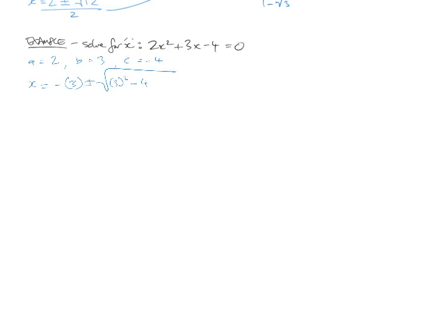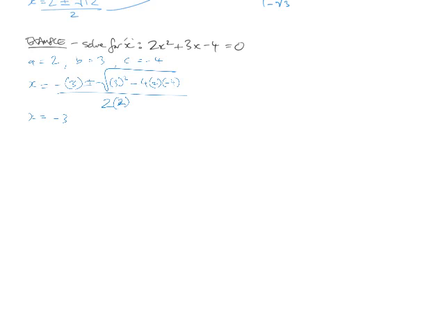Take 4 lots of a, which is 2, times by c, which is negative 4, divided by 2 lots of a, which is 2.